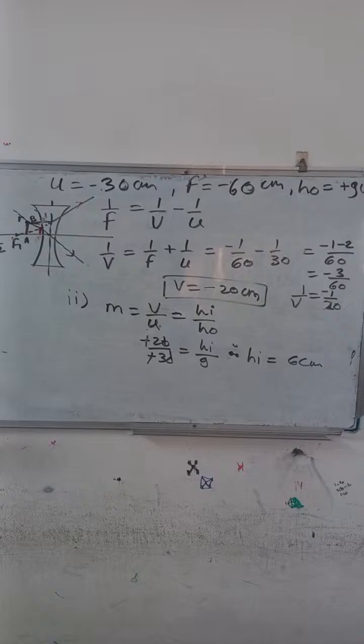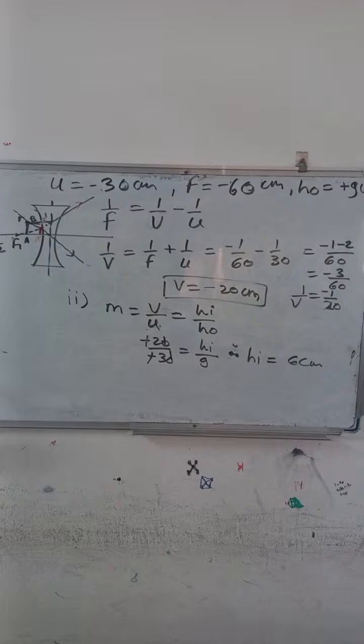And third bit, find the power of the convex lens which forms real and inverted image of magnification -1 of an object placed at a distance of 20 cm from its optical center. Okay, so this is the 3-mark question. So 1 mark is allotted to each bit.